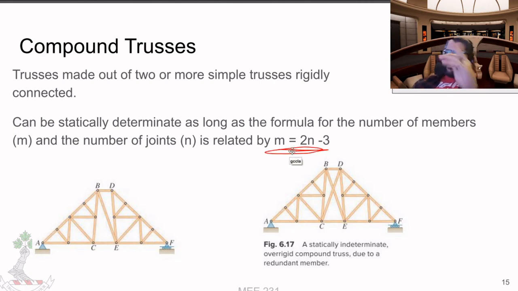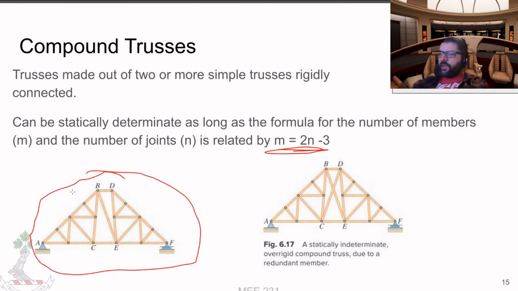So, for example, here, this one's still solvable due to the fact that they didn't add too many members. If we add a redundant member here, then it becomes unsolvable, which is a problem.